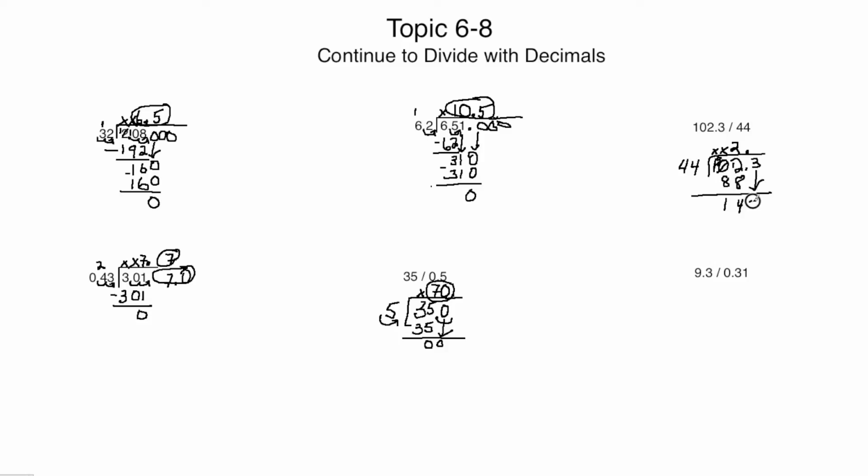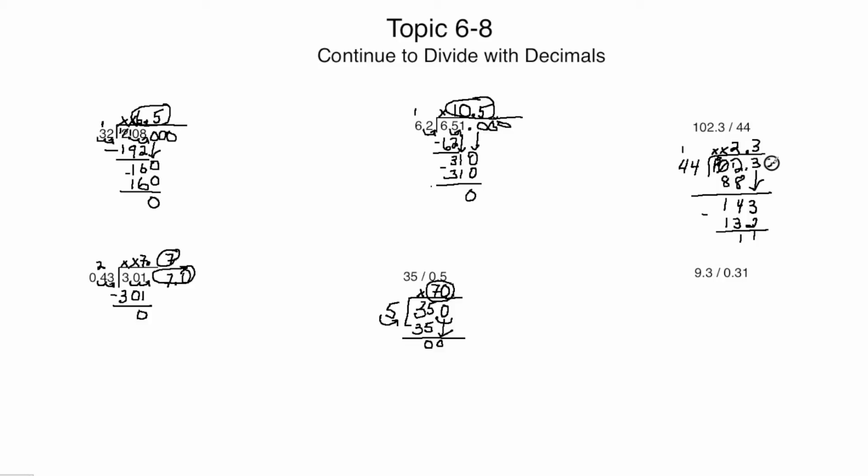Let's bring down the 3. 4 goes into 14 3 times. Let's try that. 3 times 4 is 12. Carry the 1. 3 times 4 is 12, plus 1 is 13. Three minus 2 is 1. 4 minus 3 is 1.